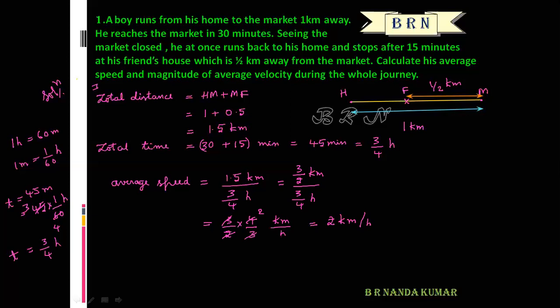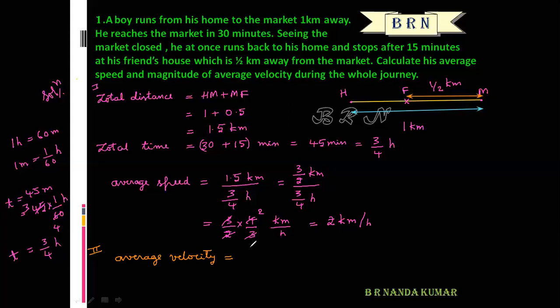So this is the average speed of the boy. After that, let us calculate the average velocity. Average velocity is equal to total displacement divided by total time. So what is the displacement? H is the initial position of the boy, and F is the final position. Displacement is the shortest distance between initial and final position.